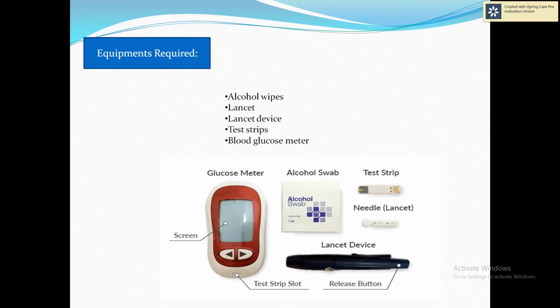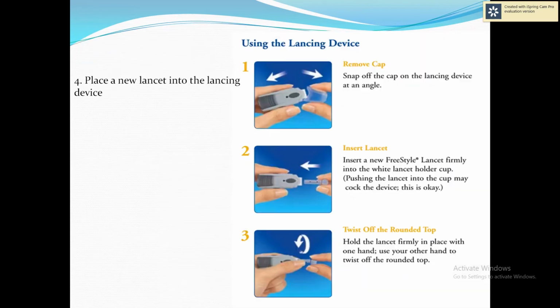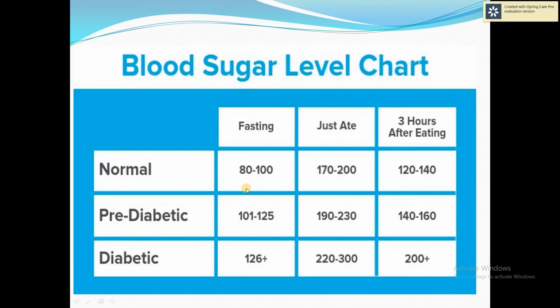There are two types of diabetes, as you all must know, type 1 and type 2. Let us move to this particular chart where you will see the various levels of blood sugar.